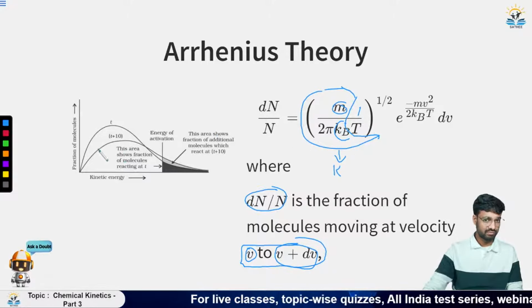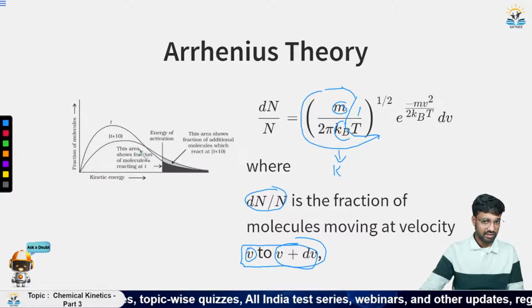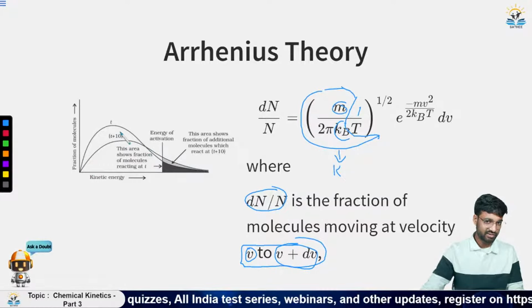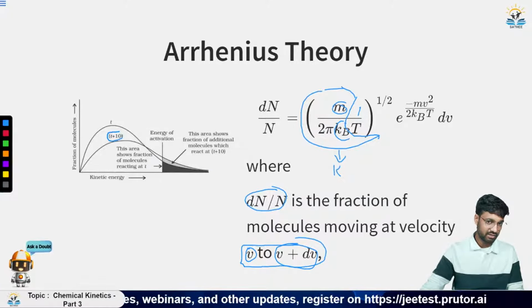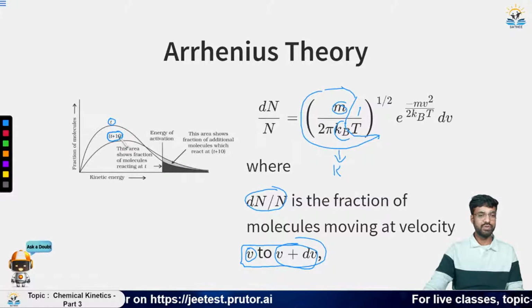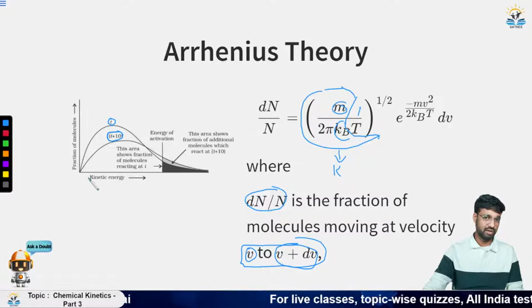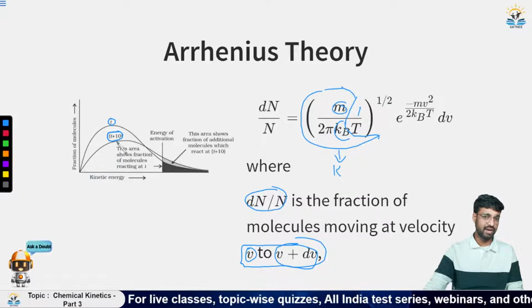Okay, so if you just look at this graph here, this is the graph of the fraction of molecules having energy, this energy profile for t plus 10, and this is for only t. So what we are doing is plotting two graphs, first at temperature t for the fraction of molecules having a certain kinetic energy, and at t plus 10.